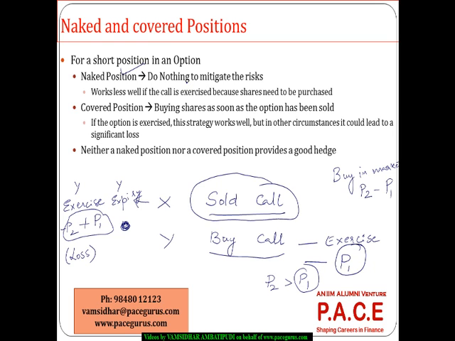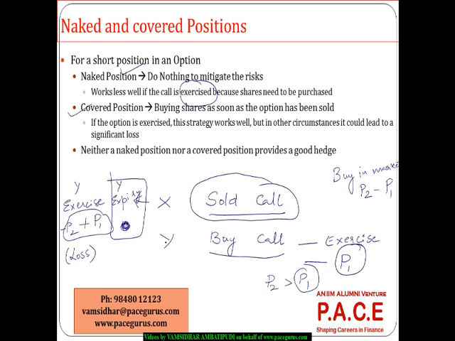You just sell the call option and sit like that. So it works well when the option is not exercised. But if the call option is exercised, I may have to purchase the shares from the market at a higher price and sell it to the call buyer. So that's the disadvantage associated with the naked position.